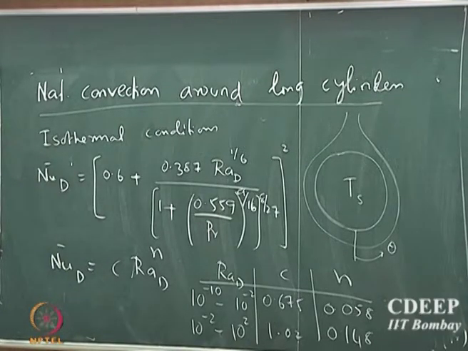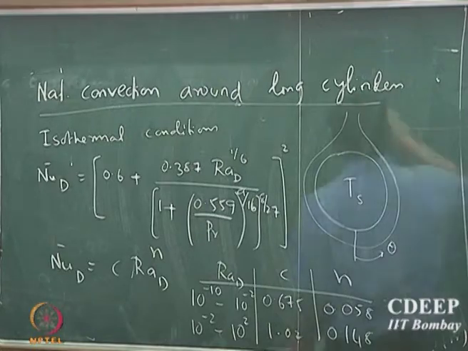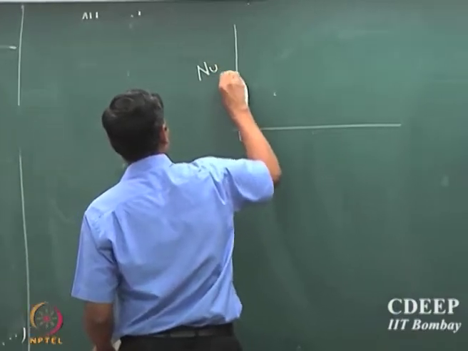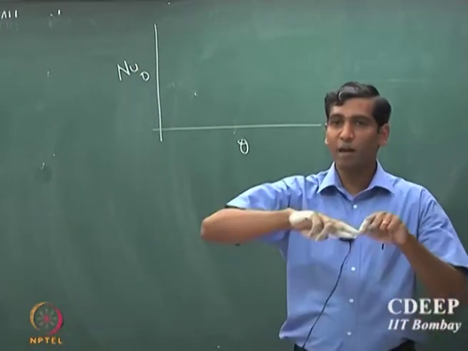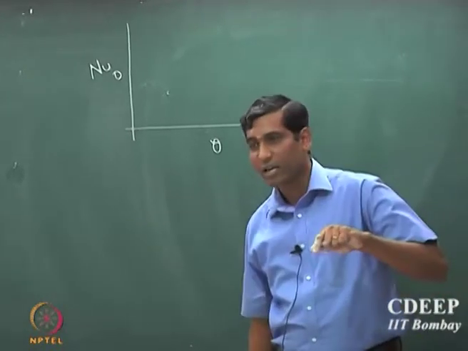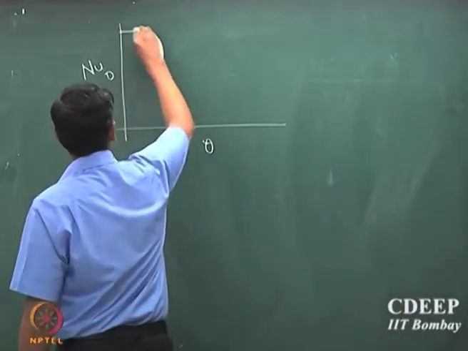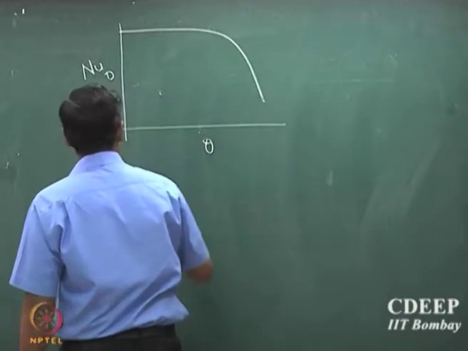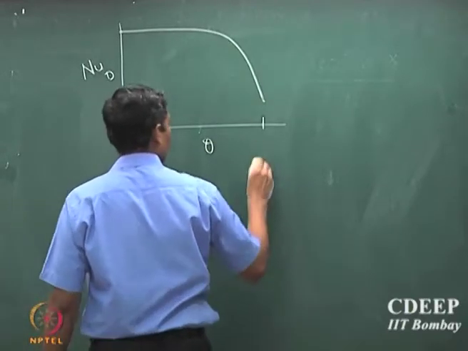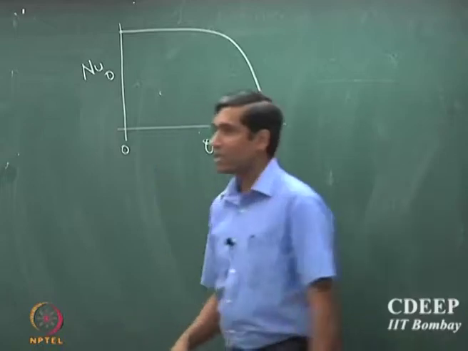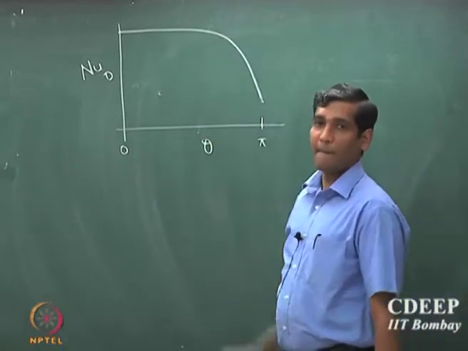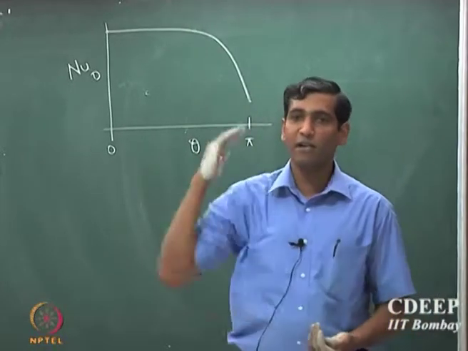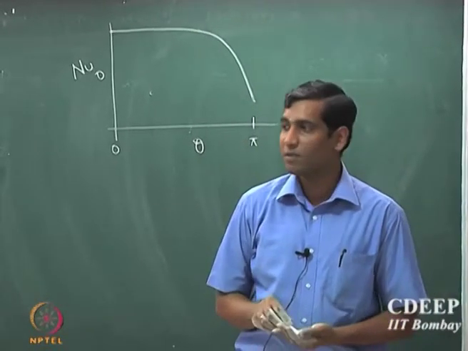Similar to what we saw for cylinders, the Nusselt number versus theta. Remember we saw that the Nusselt number increases and then it suddenly falls, and in a similar fashion you would expect that between 0 and pi the Nusselt number simply falls. What's the reason for this fall? Remember your cylinder with external flows, what's the reason?